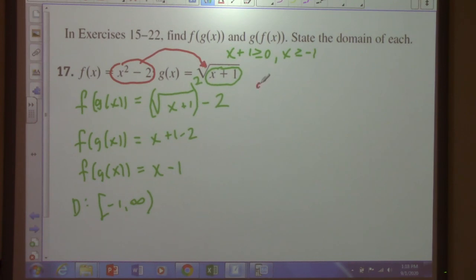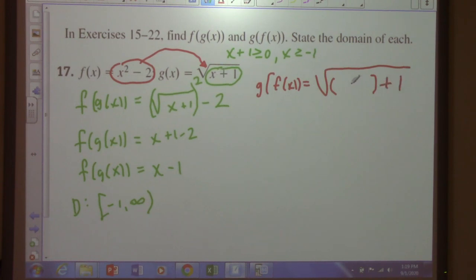So g of f of x is going to be equal to square root of... and sometimes when I do this, I like leaving a big parenthesis space in the place of x and leaving everything else the same.